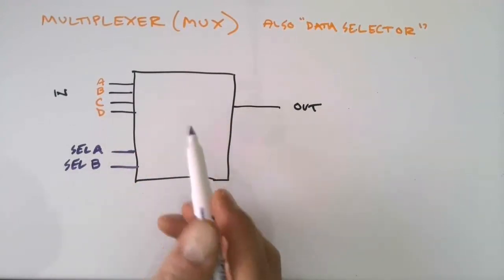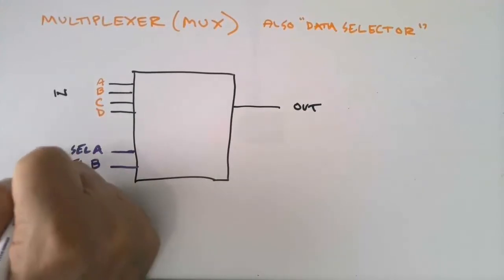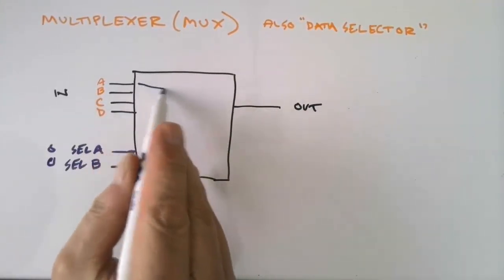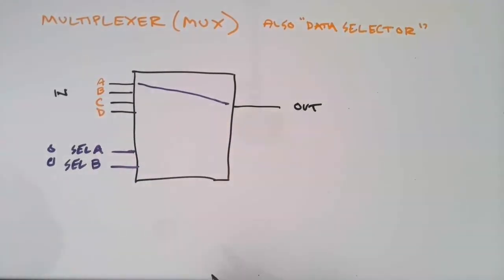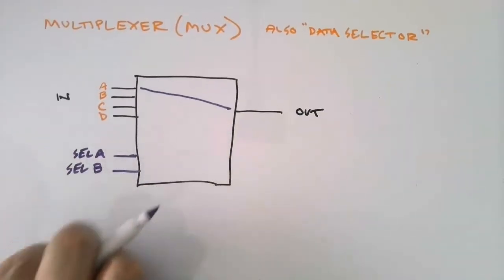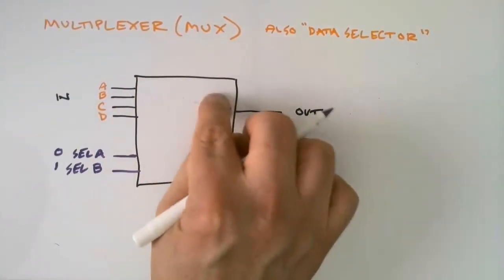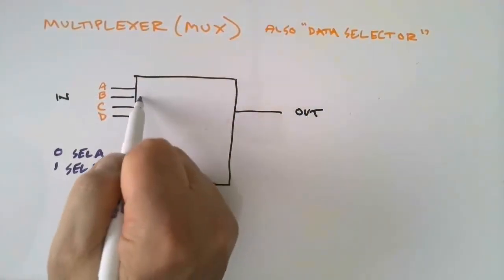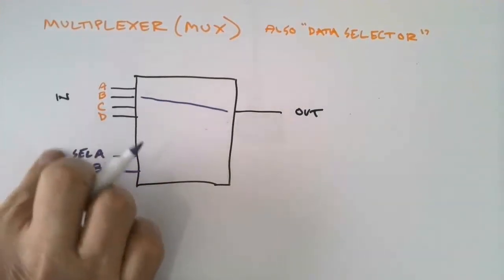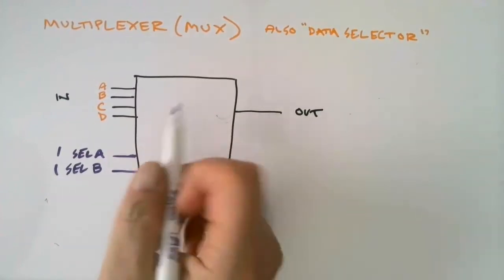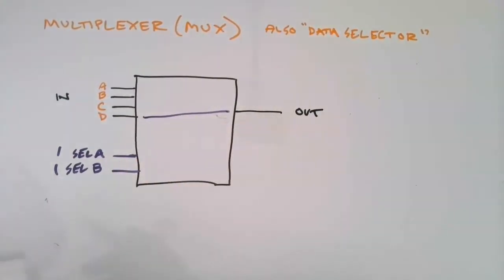So, for example, if select A and B were both 0, it would route A to the output like that. If select A and B were 0 and 1, it would then select B, and so on. So that if both were 1, it would take D and route it to the output.